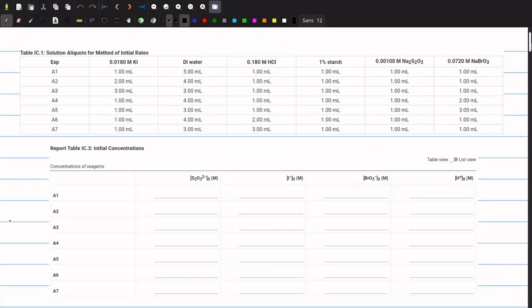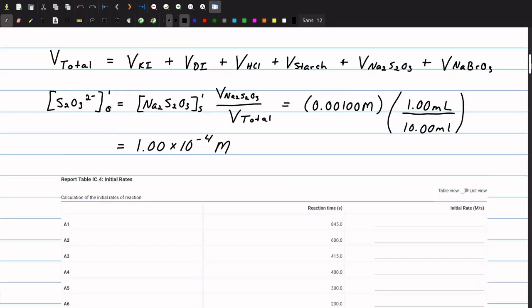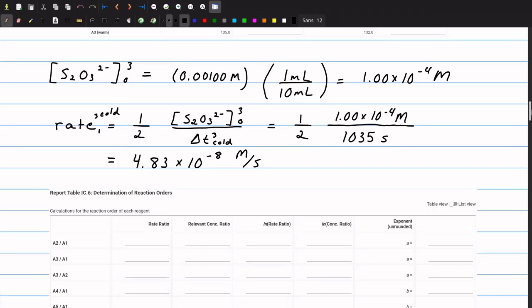That's because if I look up here at my data, A3 also had 1 mil of the sodium thiocyanate, so it had the same concentration initially. I can then plug that into the rate equation just as I did the other ones.